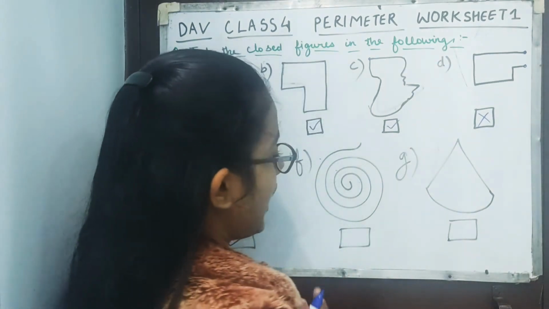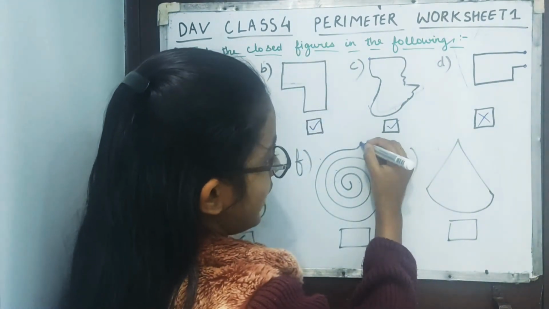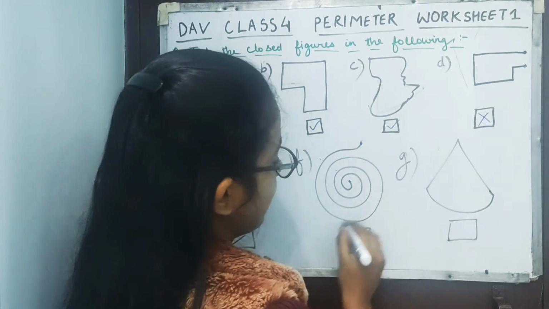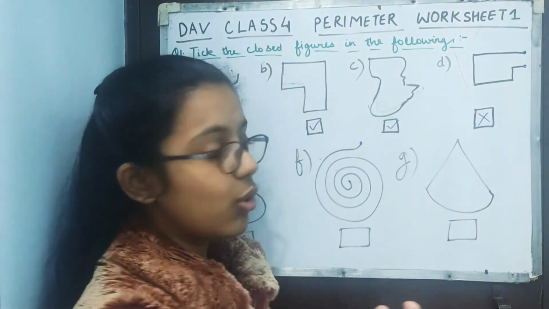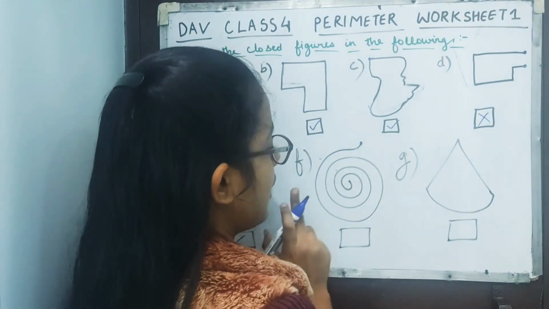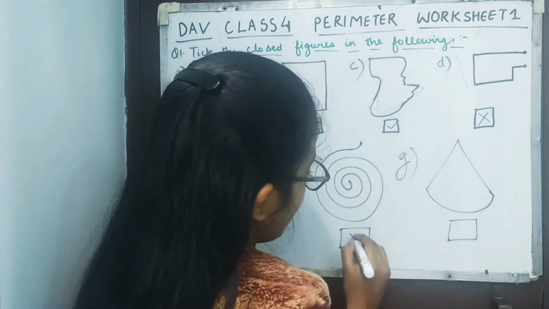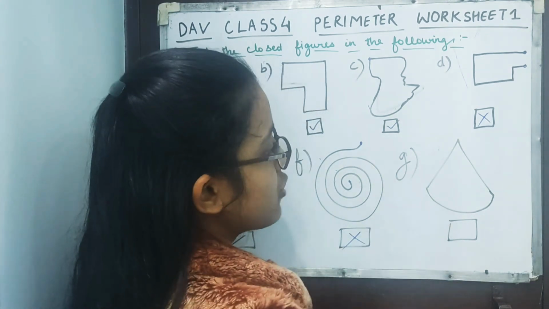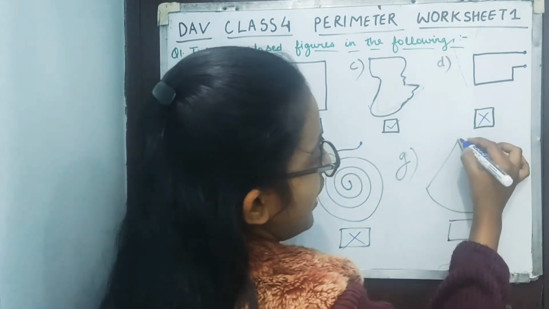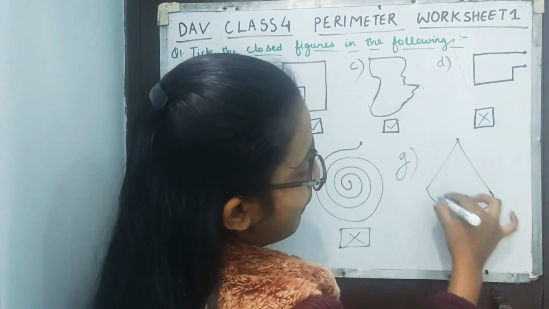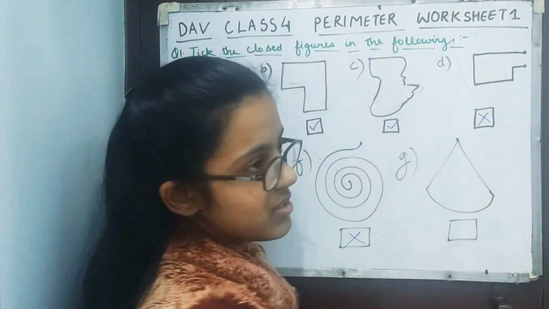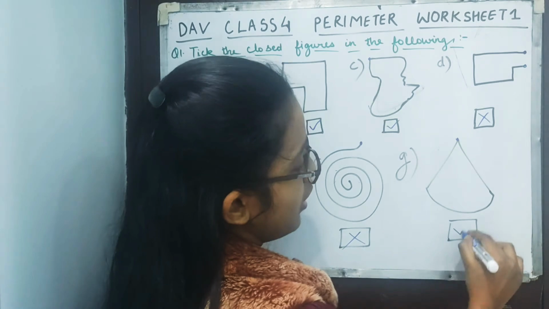Coming to our F part, the figure is starting from here and ending here, so it is not a closed one. Both the points are different, so this is an open figure, so a cross here. Coming to G part, that is a closed one, with the starting point here and the ending point also this one only. So this figure is also a closed one.